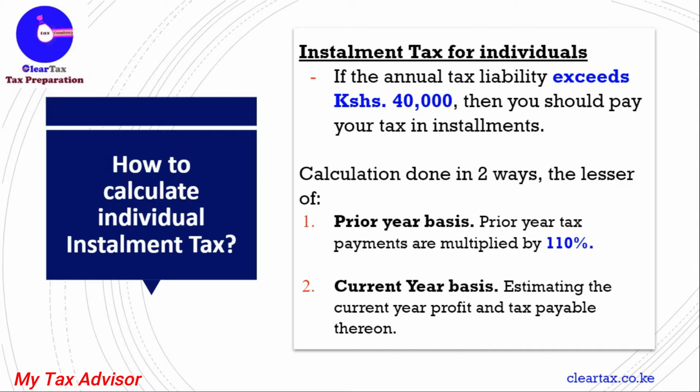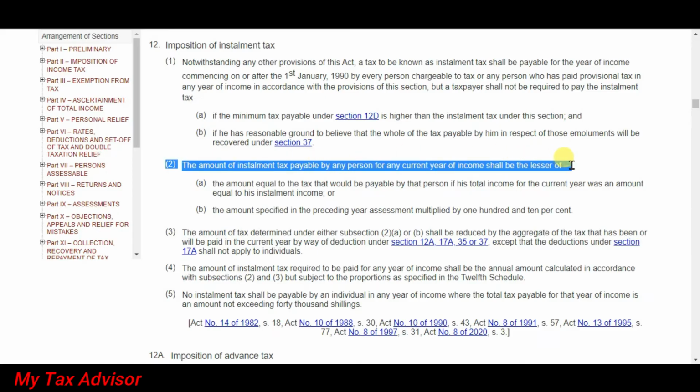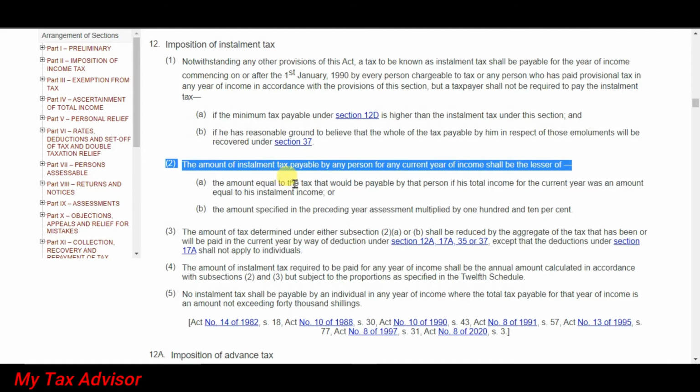And how is it calculated? This calculation is provided for by the law, the Income Tax Act, Section 12, and Section 12.2 says the amount of installment tax payable by any person for any current year of income shall be the lesser of A, the amount equal to the tax liability that would be payable by that person if his total income for the current year was an amount equal to his installment income.